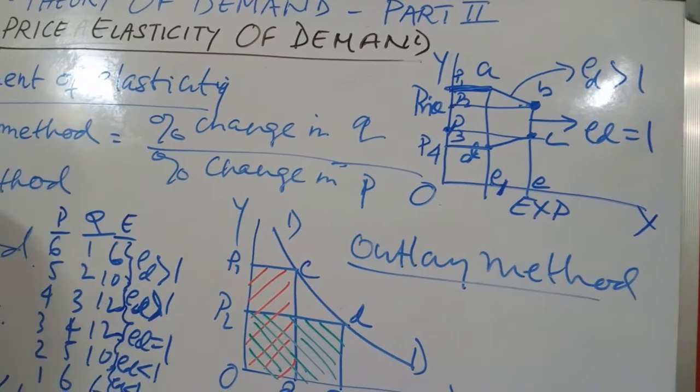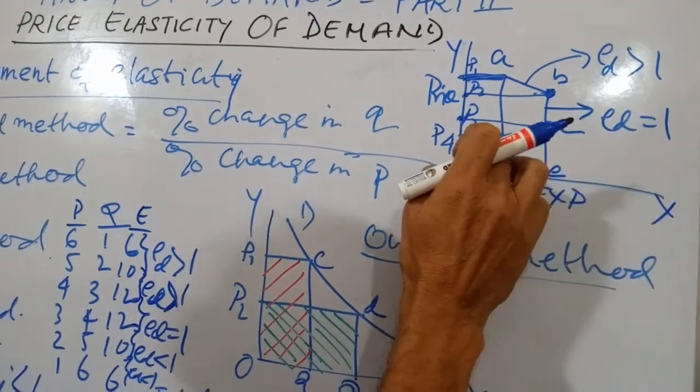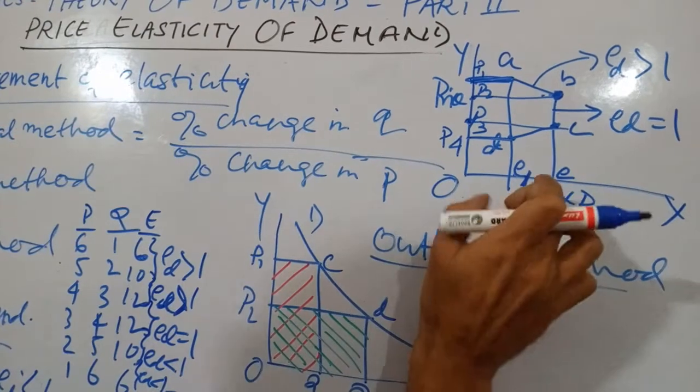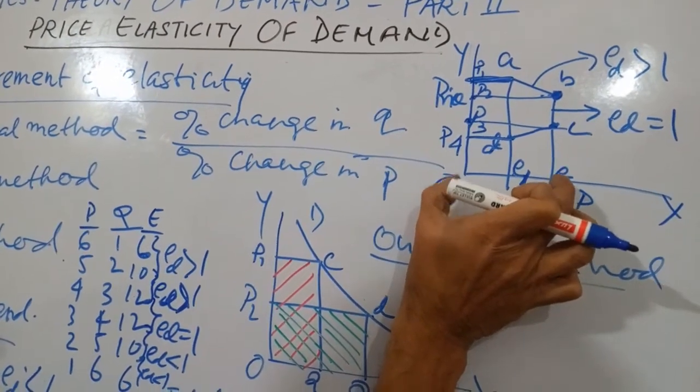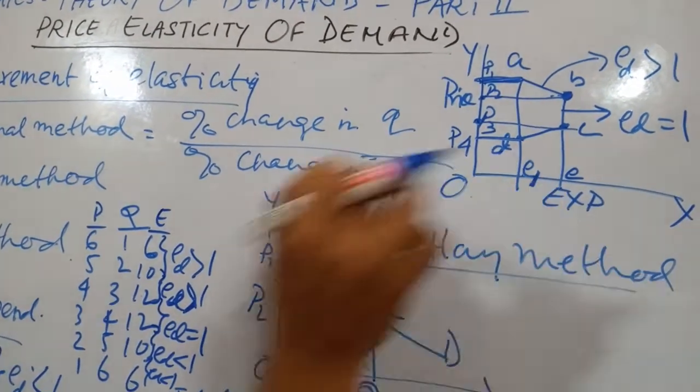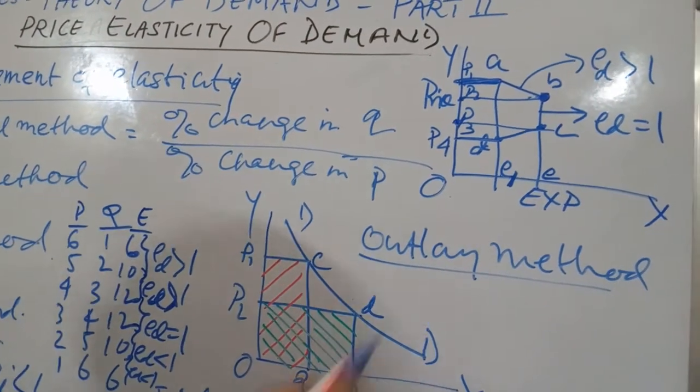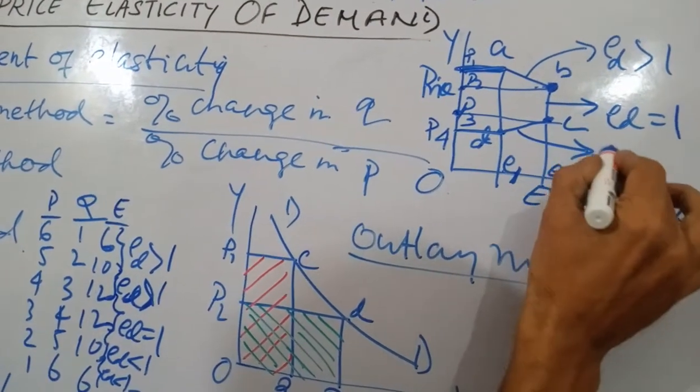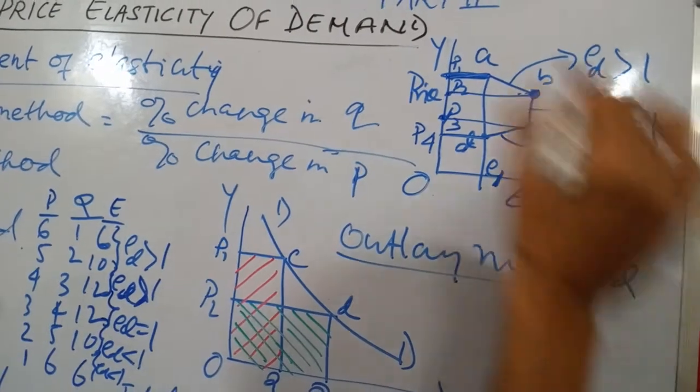So a movement from C to D shows that expenditure has fallen from OE to OE1. So here elasticity is less than 1.